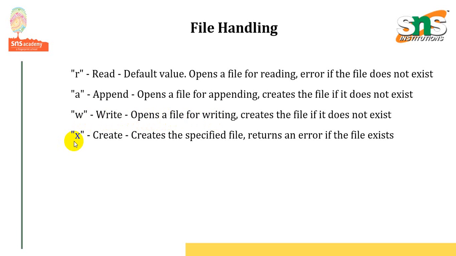The fourth mode is X. X represents creating a new file. Here, no file has been created, so you are supposed to create a new one. With the help of X, you can create the new file, right? So these are the four major modes available in the open function, right?